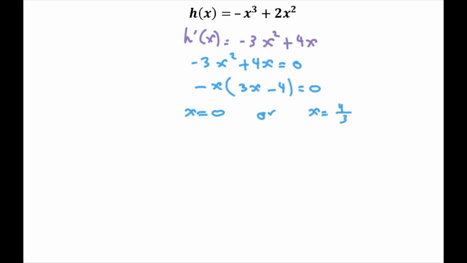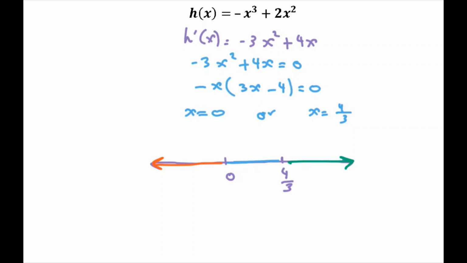So I have 2 critical points. Now I'm going to draw a number line and study the sign in between them, and at the ends. So just take any random points.